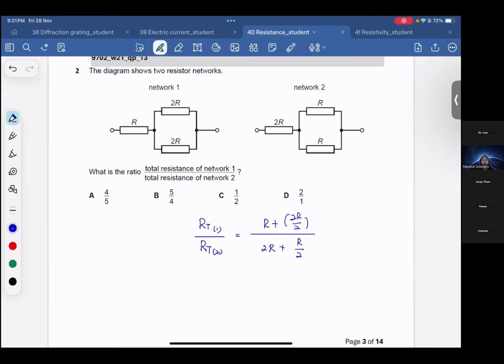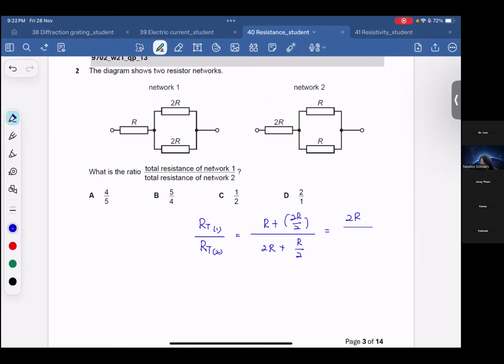Any others? Only Wesley get the answer? Washini correct. The rest is mathematics, dear. This one cancel, so you get 2 R.